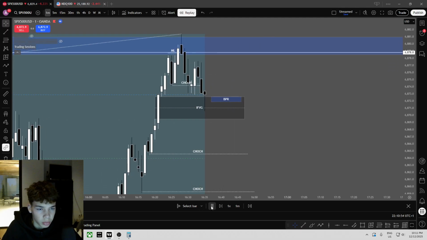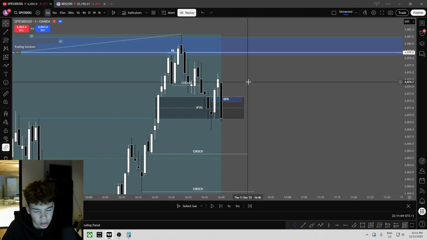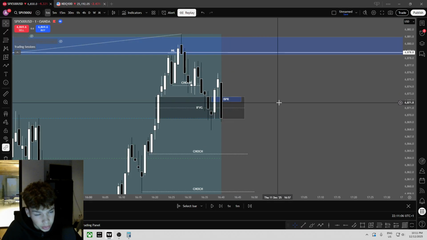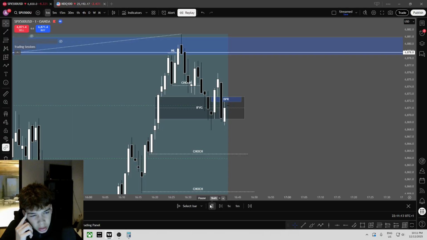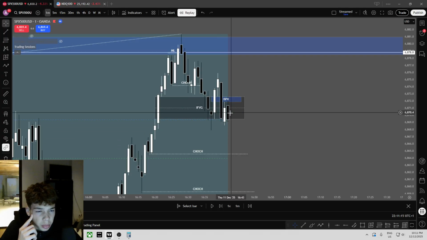Still not enough confluence though. So right here, what do? We form another lower low, lower high, and we form another BPR.